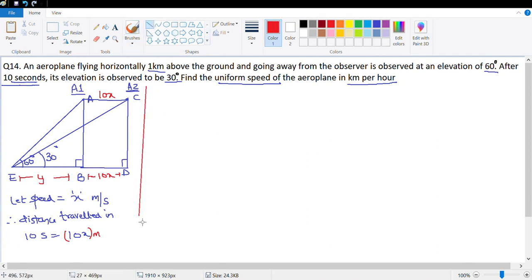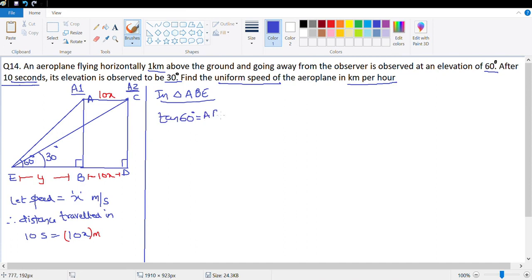I think we have the basic question now, and we should be able to solve it now. Okay, so in triangle ABE, I have tan 60 degree is equal to AB upon BE, and this height is given as 1 kilometer, which is 1000 meter.